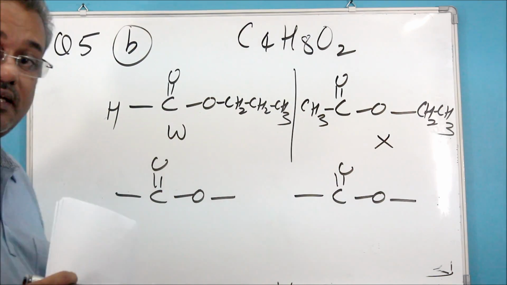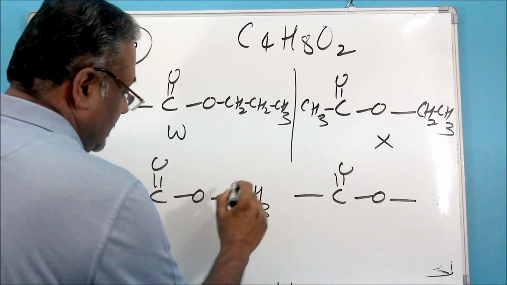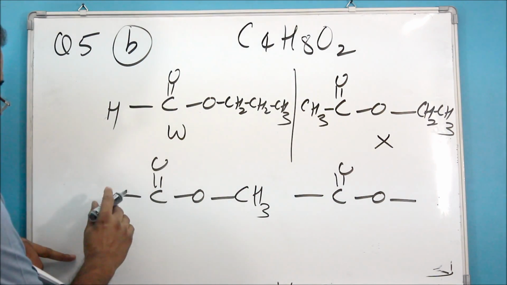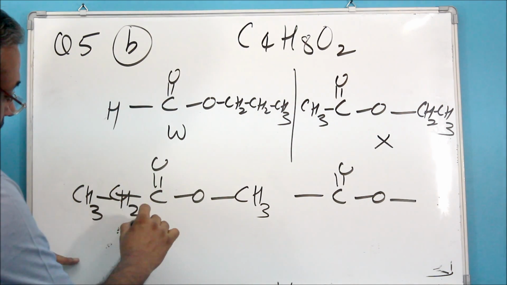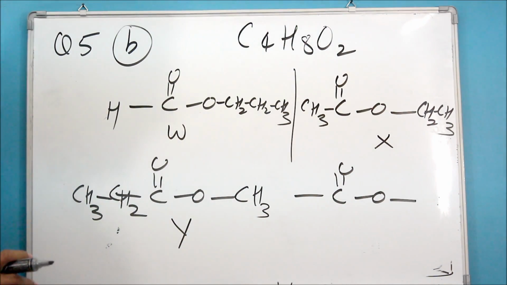Now the option which I have is I can put 1 carbon there, so that's a CH3. That leaves me with 2 carbons, so I'm going to put my 2 carbons here. And that's my third ester. I'll just label this as Y.